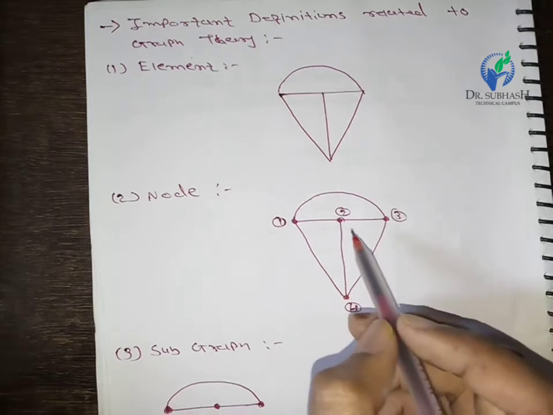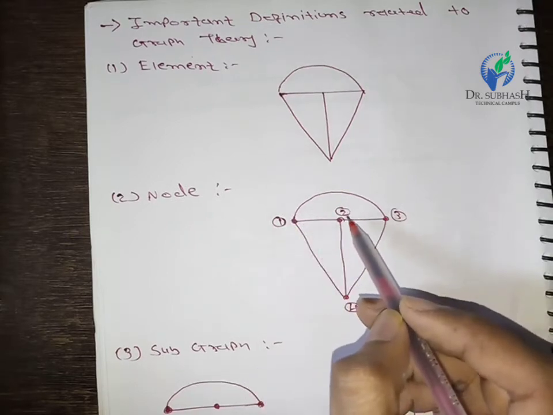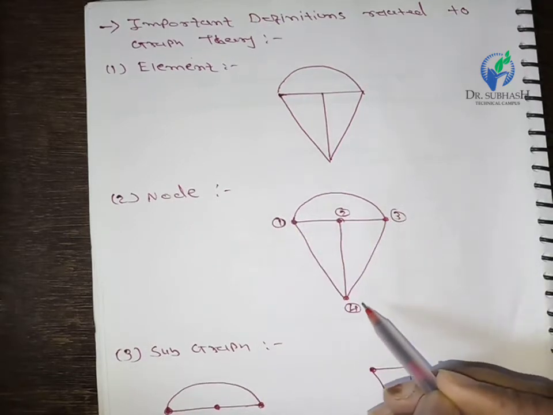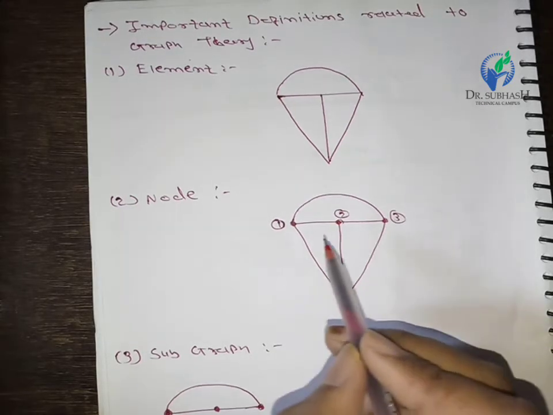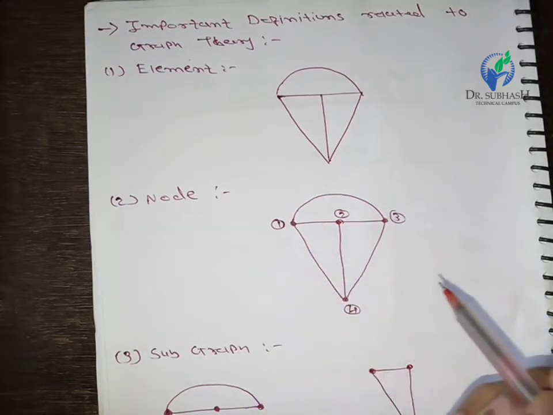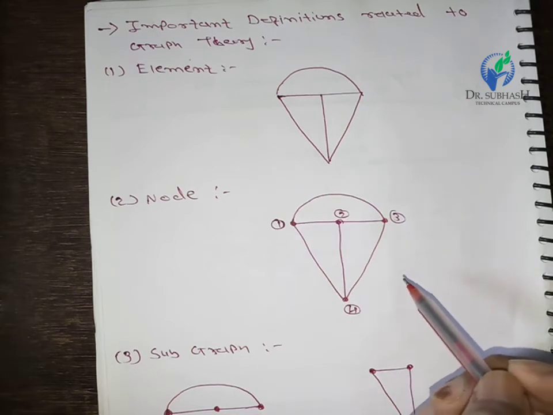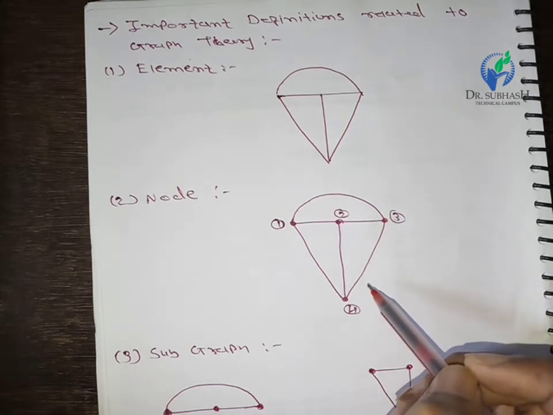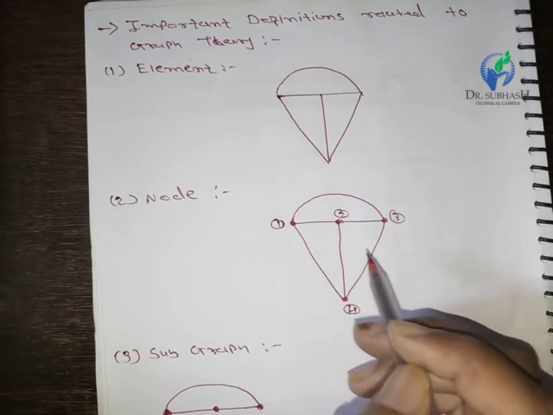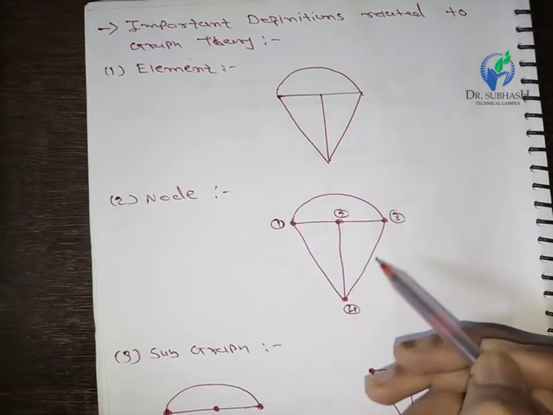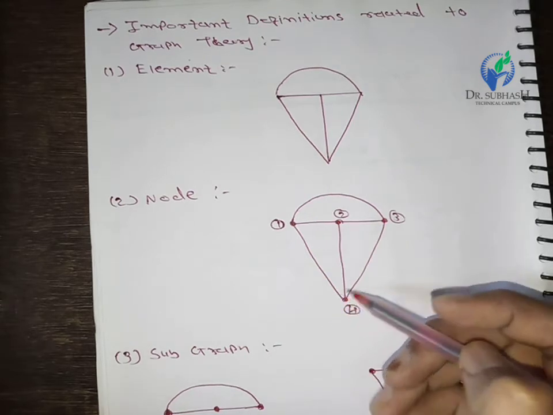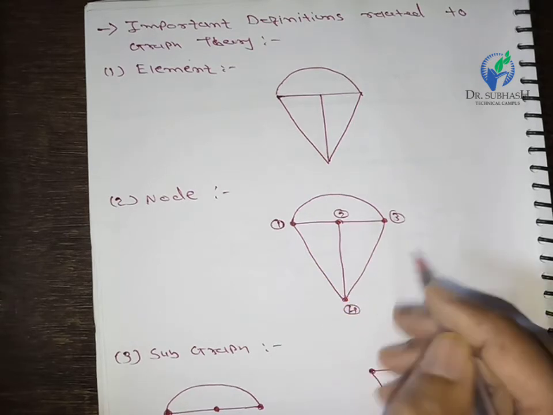Here are node number 1, 2, 3 and 4, so 4 nodes are connected. By definition, a node is a point at which two or more elements have a common connection.